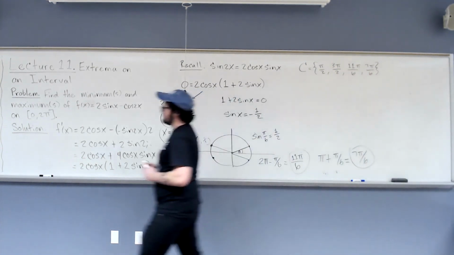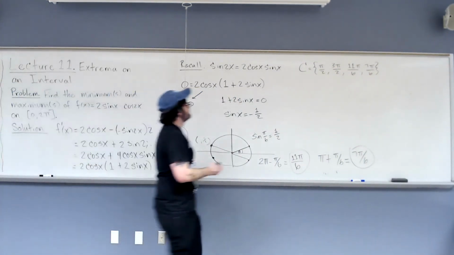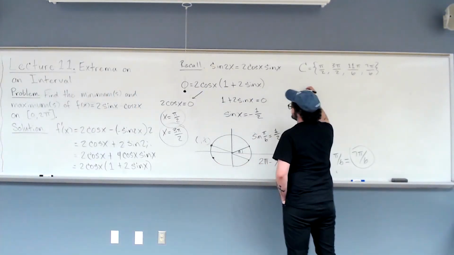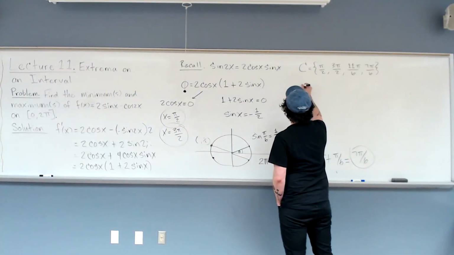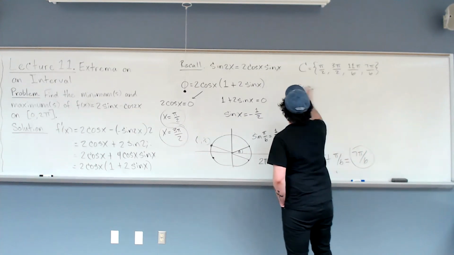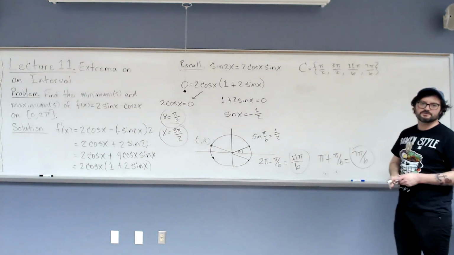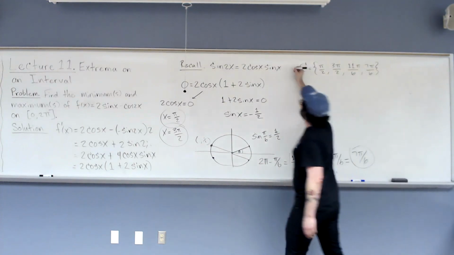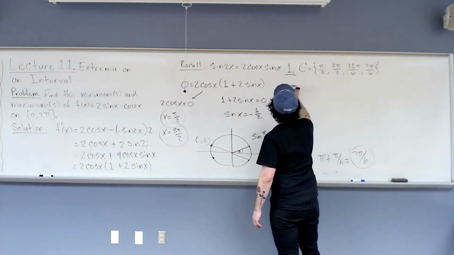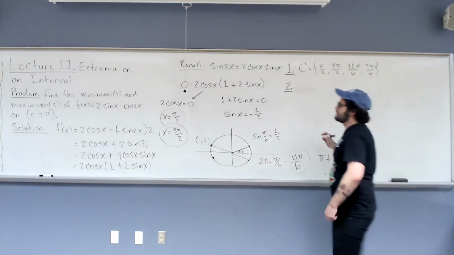So next, I need to evaluate the function at its endpoints. So then f at 0. Oh no, I have to evaluate the function at each of those, right? I find the critical numbers. That's like part 1. And then part 2, I need to evaluate the function at each of those values.